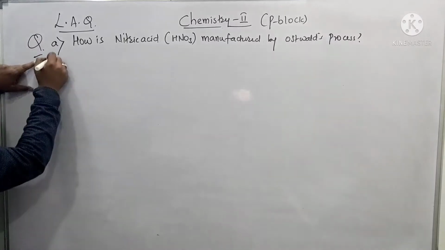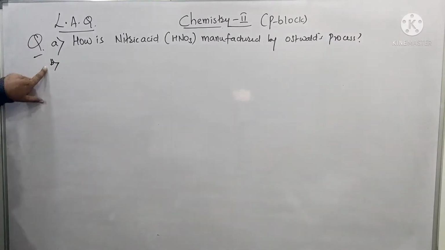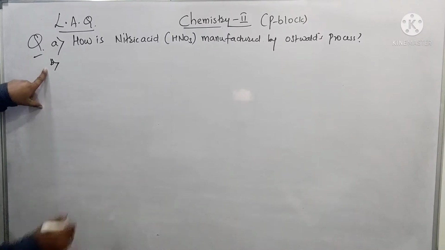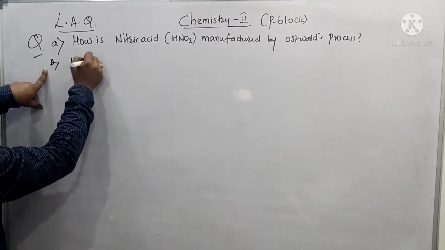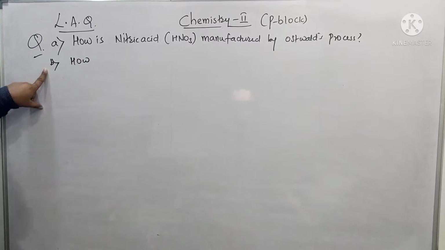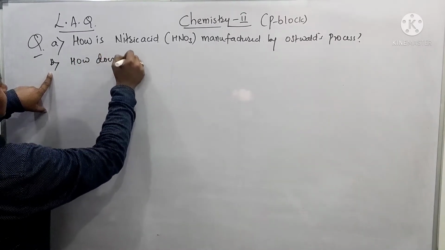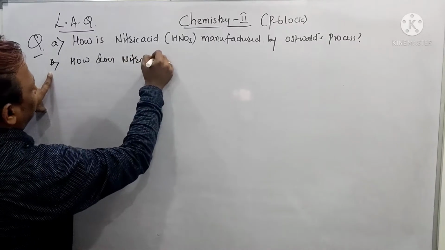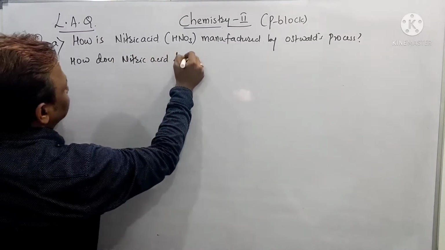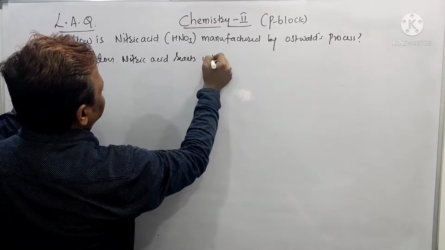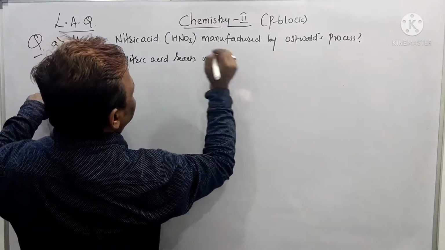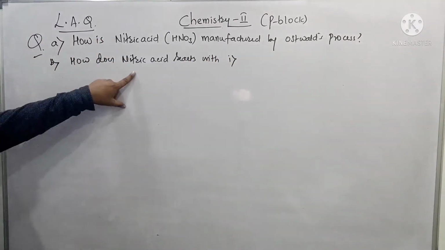That is part A. But part B also we have: how does nitric acid react with copper, zinc, sulfur and phosphorus? Right, the reactions of nitric acid.